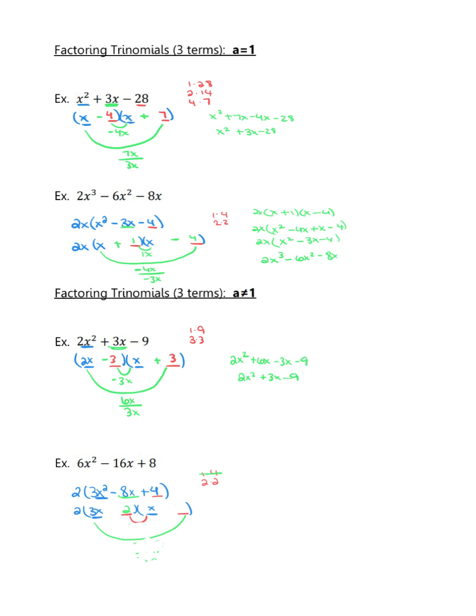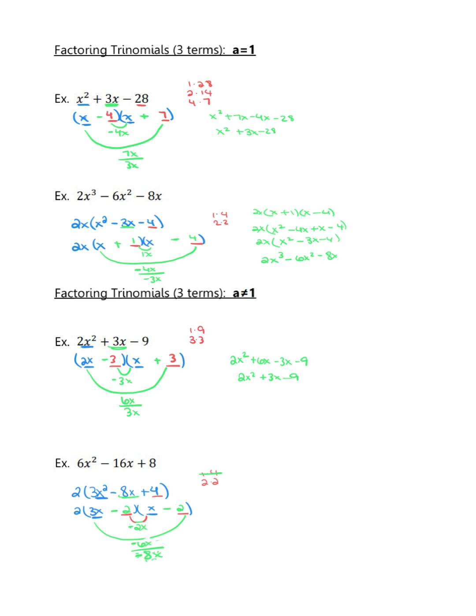So we can try 2 times 2. So 2 times x is 2x. 3x times 2 is 6x. If I make them both negatives, negative 2x plus negative 6x is negative 8x.